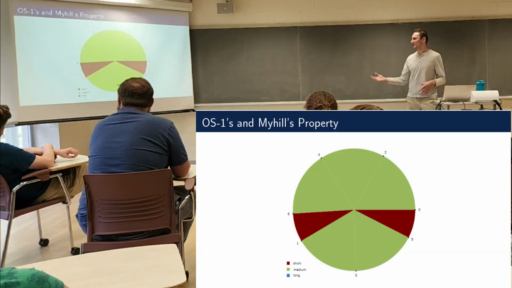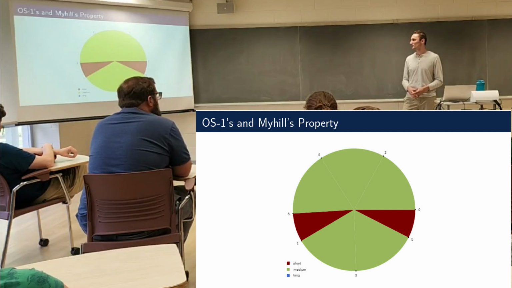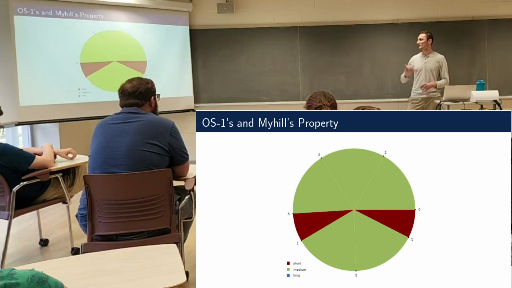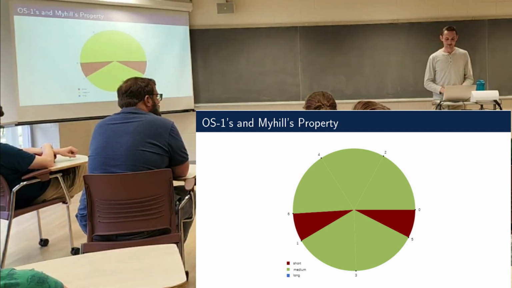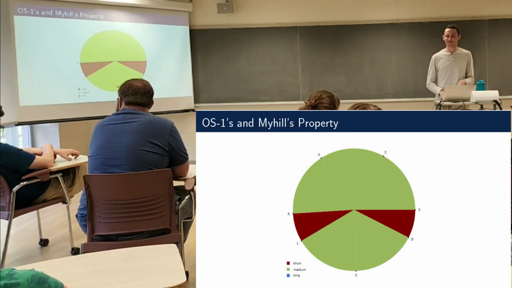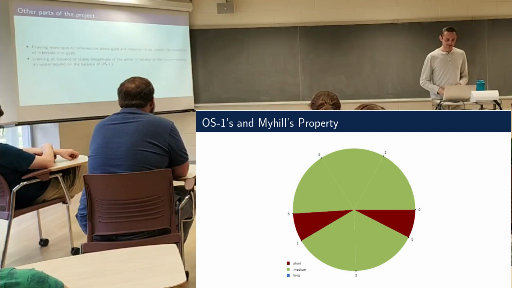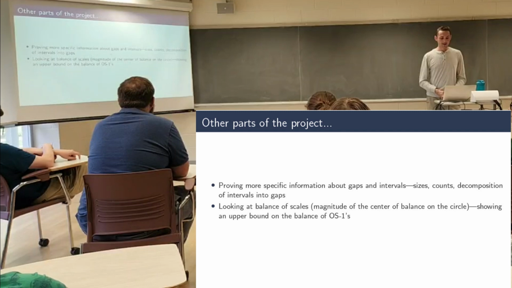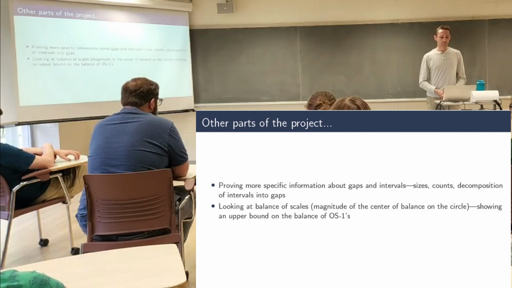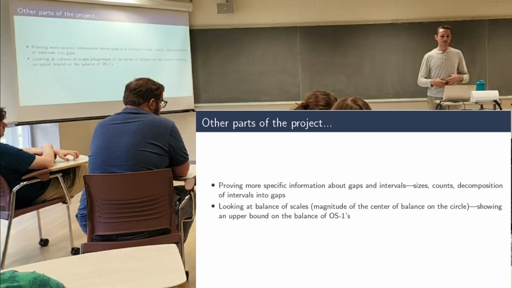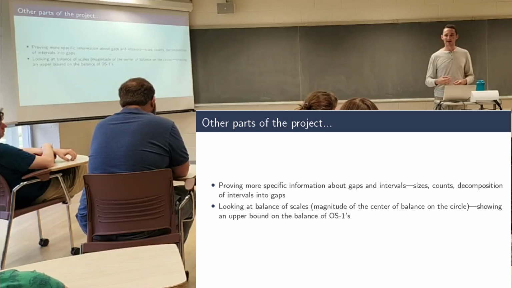Here we can see with the 7-tone scale, if we consider intervals of span 2, which are pitches with 1 pitch in between them, there are only 2 sizes of those intervals. There's the green plus green and the green plus red. There's no red plus red. So there's my proof.